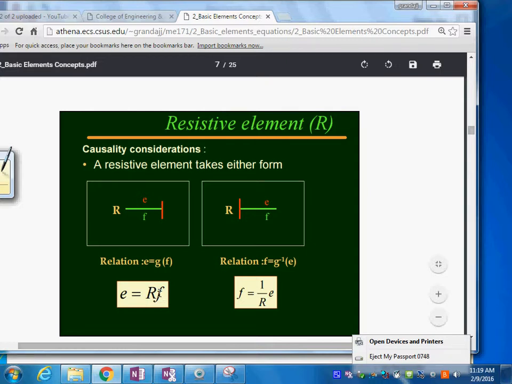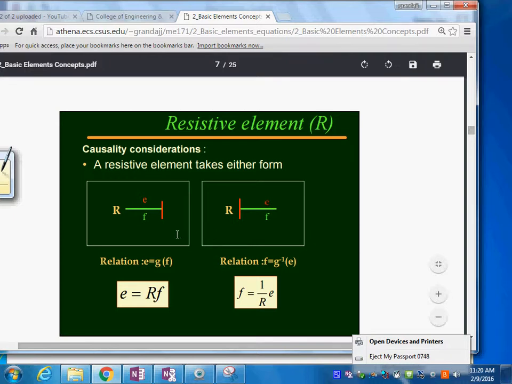In the case on the left-hand side, the output is the effort, so you say E is R times F. But in this case, the flow is the output, and flow is 1 over R times E.